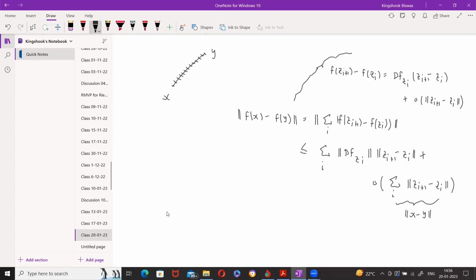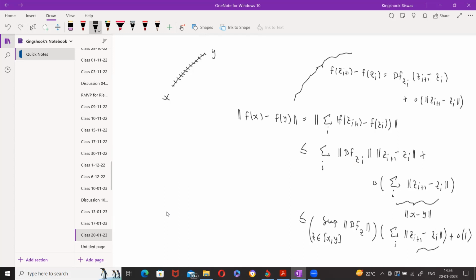And this sum is bounded by the supremum of the norm of df at z, z belonging to the segment xy, times the sum of norms of z_{i+1} minus z_i, plus a term which is little o of 1.